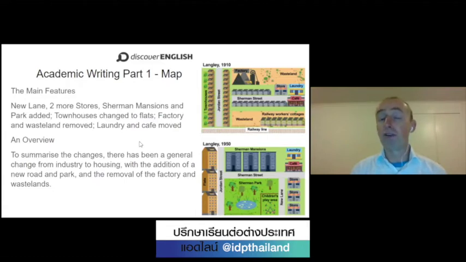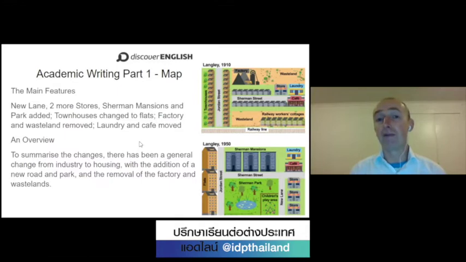So the overview is just a general statement, but it is just that. It's a very general statement. It doesn't explain where things are, and it doesn't explain what changes were made exactly. So with the map, it's very important to know language of places.